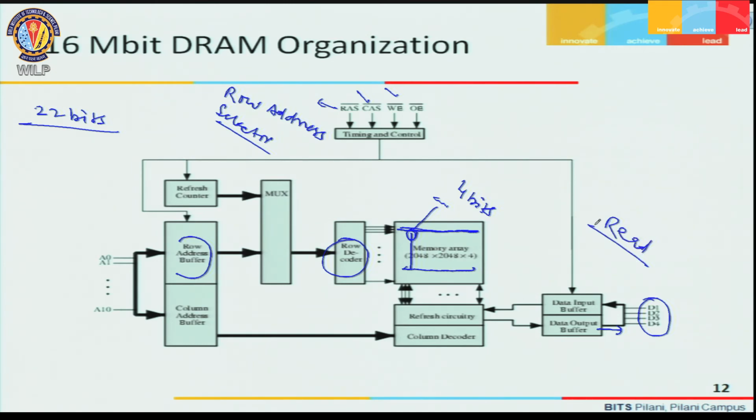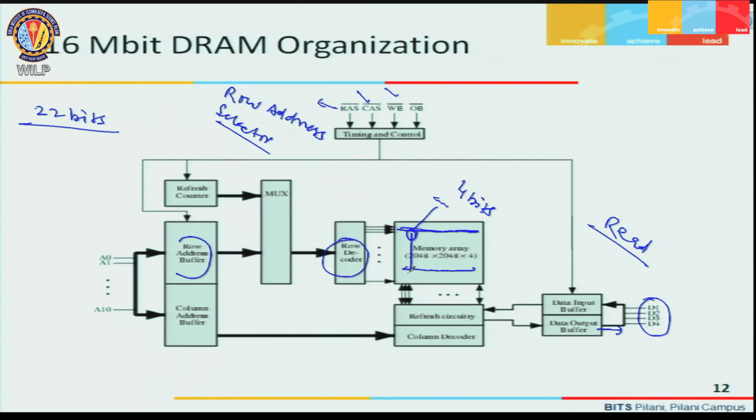For the write operation, this data input buffer will be there, and the location will be identified in the same way, row first and then column. Whatever data is there in the buffer will be written on these 4 bits of that location. The write process is just the reverse process of reading.